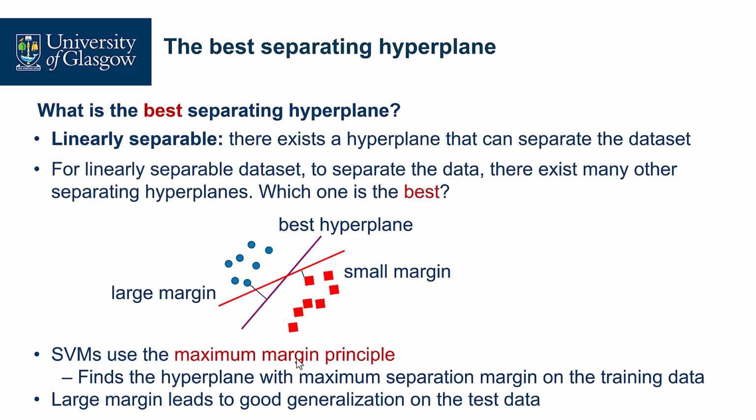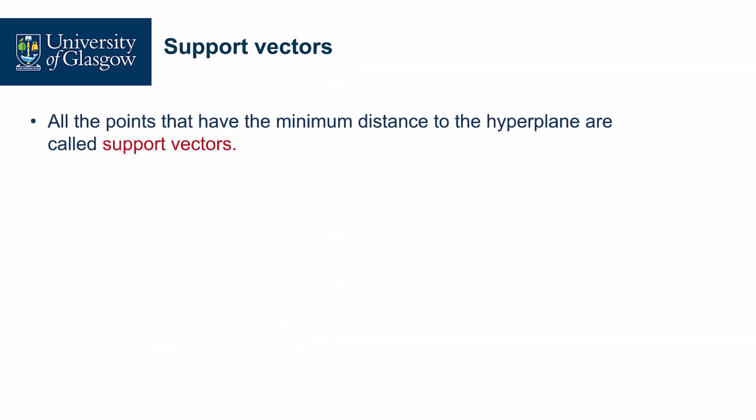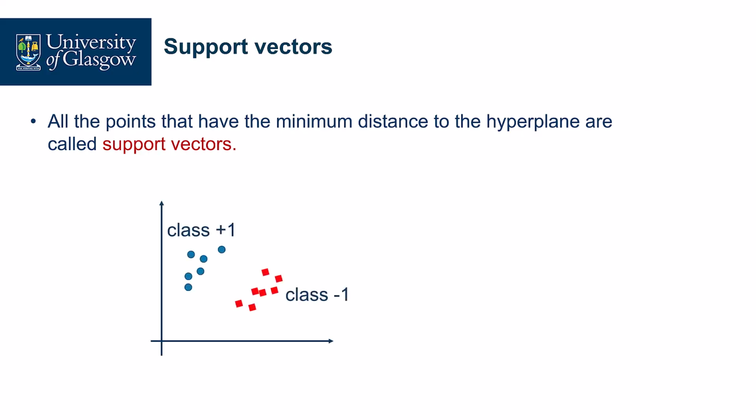The last concept introduced in this session is support vectors. What are support vectors? Support vectors are those vectors that have the minimum distance to the hyperplane. Let's see a figure. Where are the support vectors if the hyperplane is here?